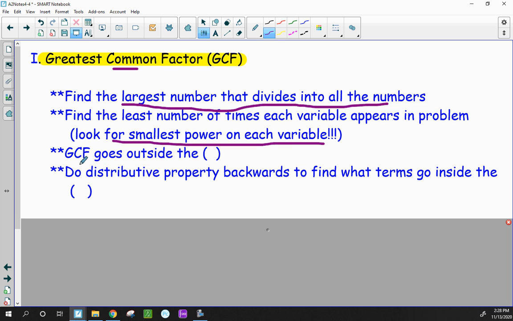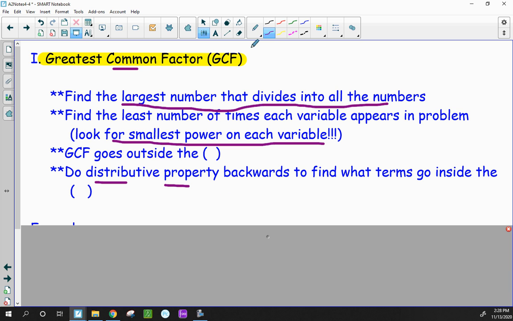That GCF is going to go outside the parentheses, and you're then going to use the distributive property backwards to figure out what terms go on the inside. So the GCF will be here, and then you'll have parentheses, and your job is to figure out, when you know the GCF, what it's multiplied by, and put that inside so that when you use the distributive property and multiply these together, it gives you the same problem back.